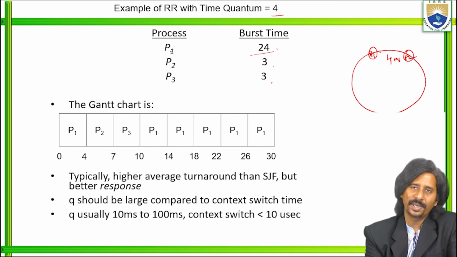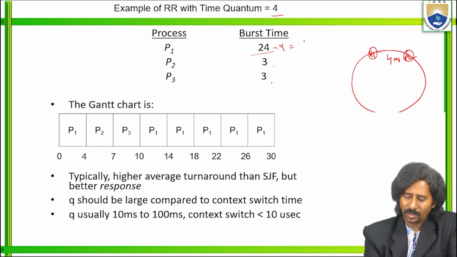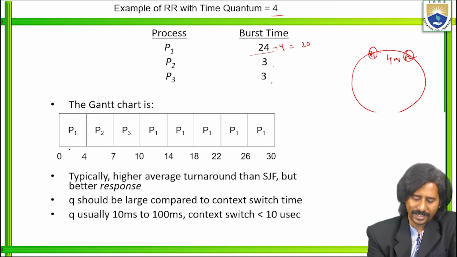So initially, at 0, process P1 is executed for 4 milliseconds. So 24 minus 4 is the remaining time, here I am writing the remaining time: 20. So P1 is executed for the first 4 milliseconds.